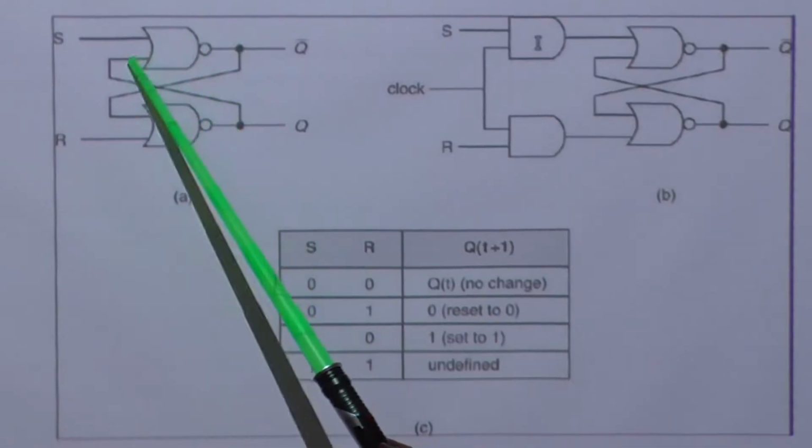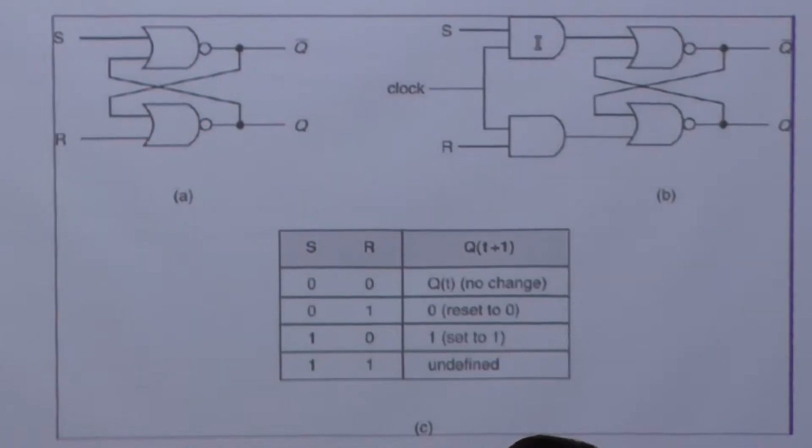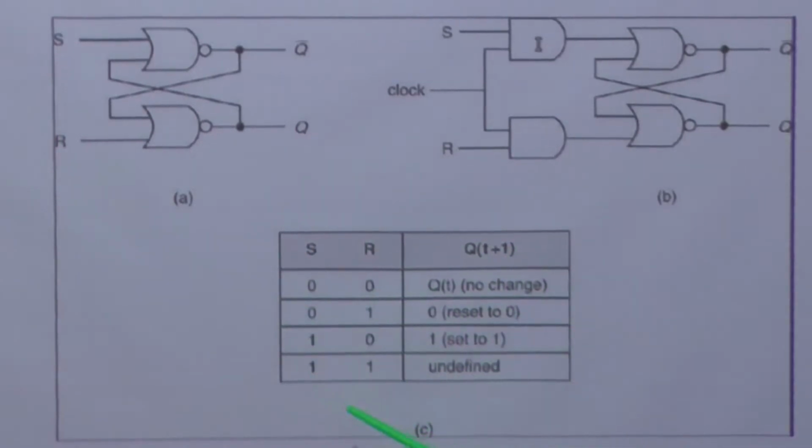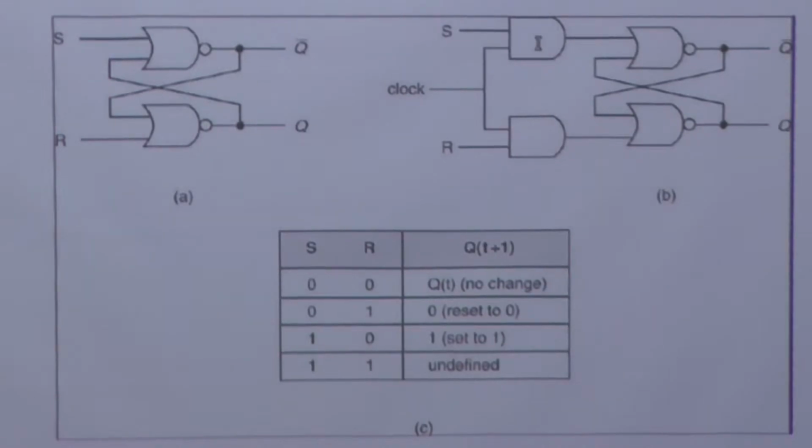It seems like it would output 0 to me, but I didn't make this slide, so I don't know what the point was of that. Generally speaking, you either set or reset a flip-flop. You don't try to do both at once, because what would the point be, right? But anyway.